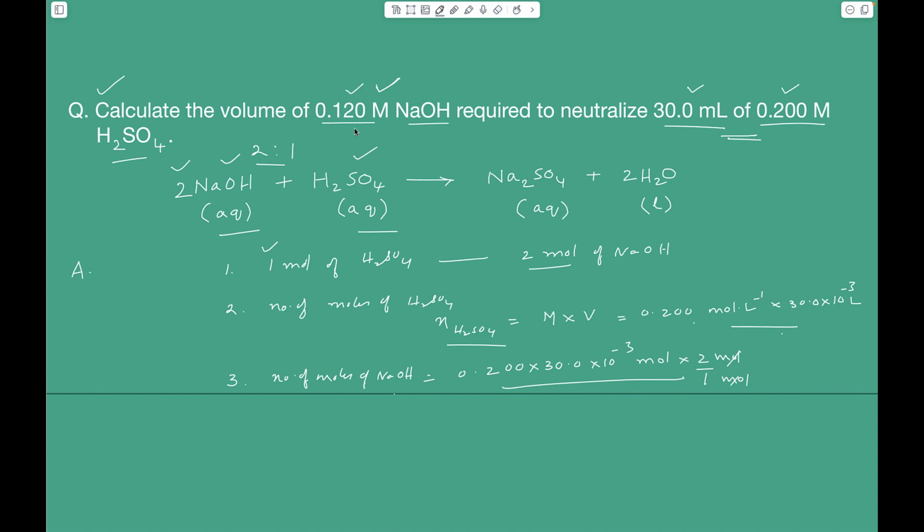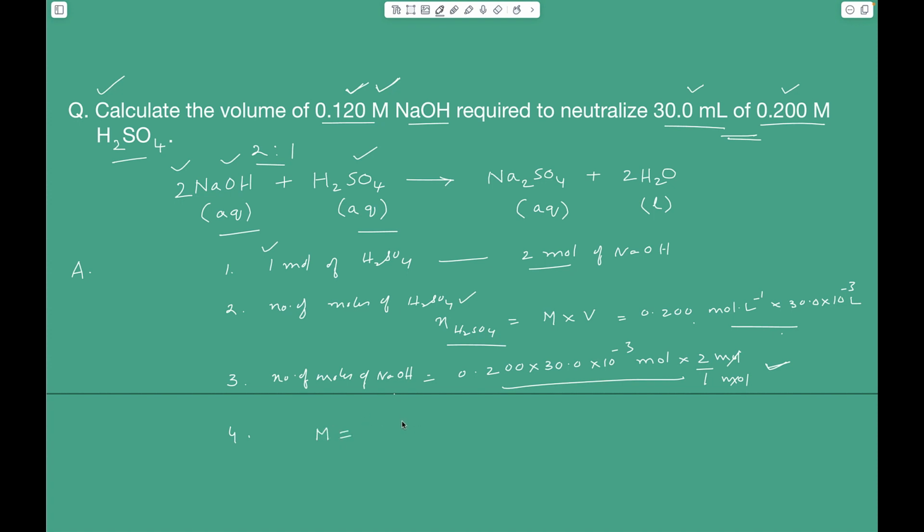So, from the molarity of the solution and the number of moles of sodium hydroxide required to react with the sulfuric acid taken, we have to calculate the volume of the solution of sodium hydroxide to be taken. So, you have to figure out the volume of sodium hydroxide solution that has this molarity that provides these many moles of sodium hydroxide. How do you do that?